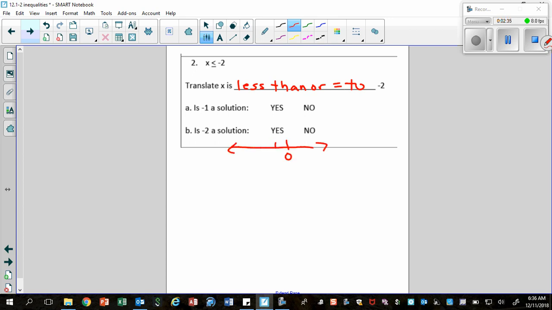So you have 0, -1, -2. x is less than or equal to -2, going this way, it doesn't cross the pathway of -1. So no, that would not be a solution. But is -2 a solution? Well, it's a shaded in circle, so we know the solution is including -2. So yes, it is a solution.